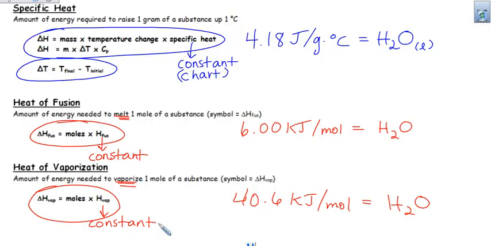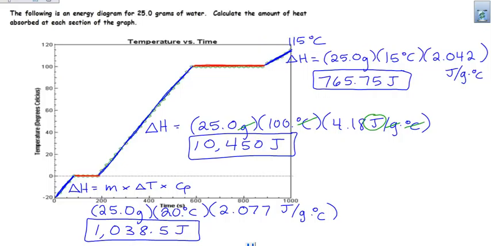All right, so here's what it looks like. Let's go back to this graph, and we'll wrap it up. So this first section of the graph that we skipped, the first plateau, that should be the melting point. So the equation I'm going to use, delta H equals moles times heat of fusion, which does mean that I need to calculate moles. Oh, fabulous.